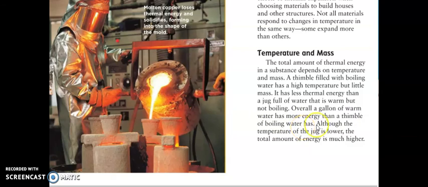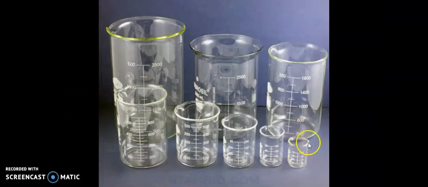The temperature of the jug is lower, but the total amount of energy is much higher. So when the small beaker starts to boil, it has a higher temperature, but the bigger one has more thermal energy than the smaller one, even though the smaller one has the higher temperature.